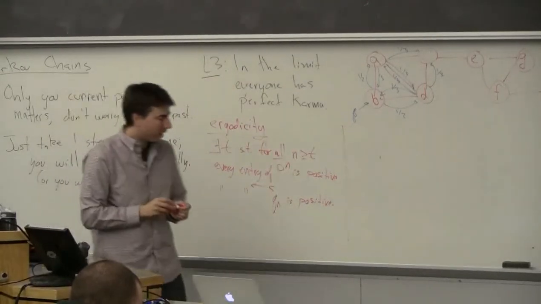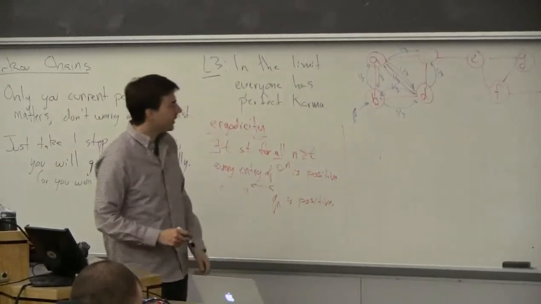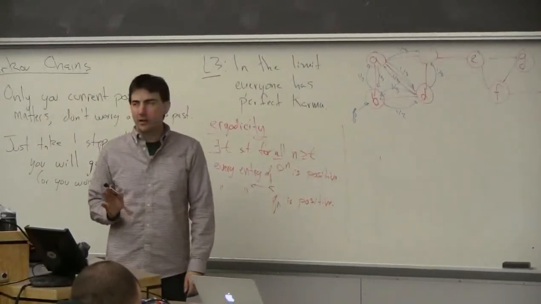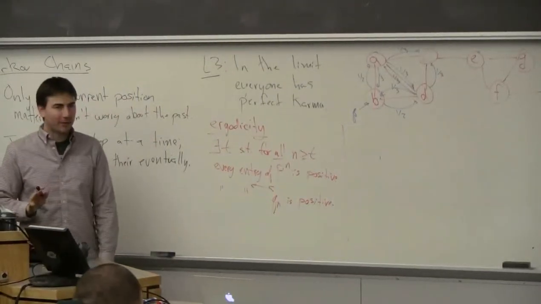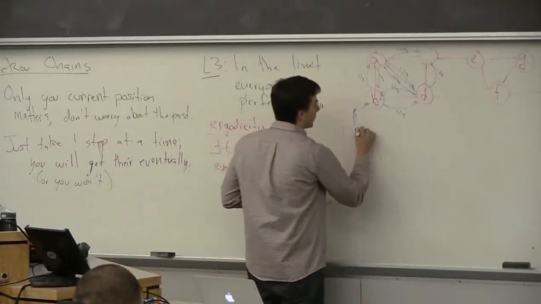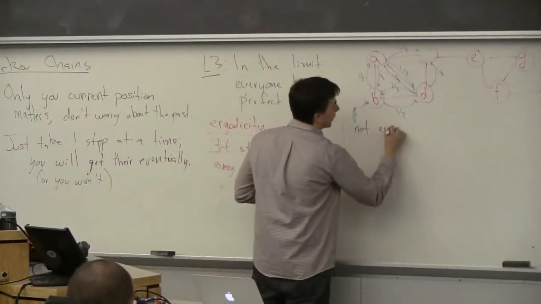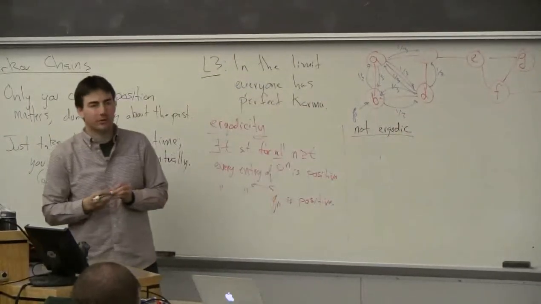And so to understand it, it's really clear to define what properties a graph has if it's not ergodic. If it's not ergodic, then it has one of 3 properties.